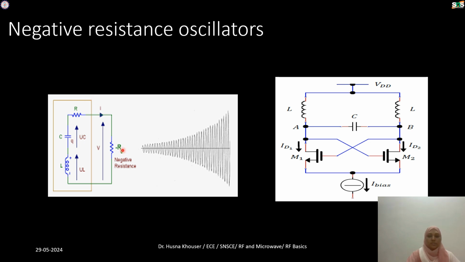What happens is we produce positive feedback so the signal amplitude will remain the same. When they cancel each other from the negative resistance, we'll have positive feedback of the oscillating signal, whereas here the amplitude will become very small in these negative resistance oscillators.